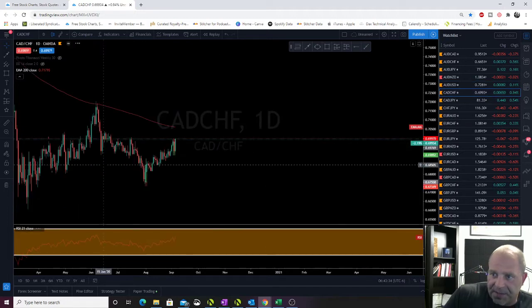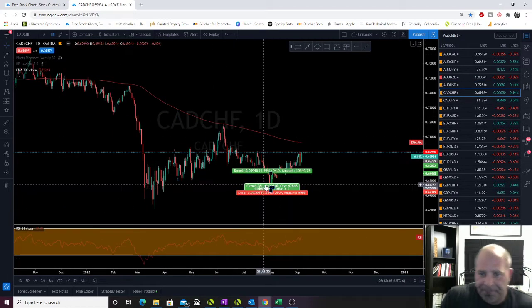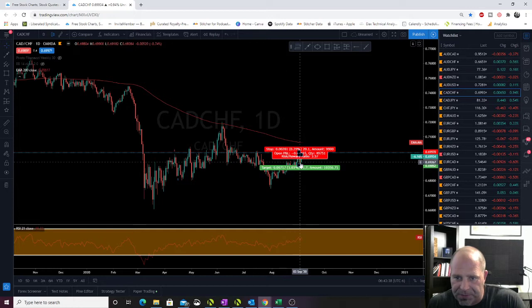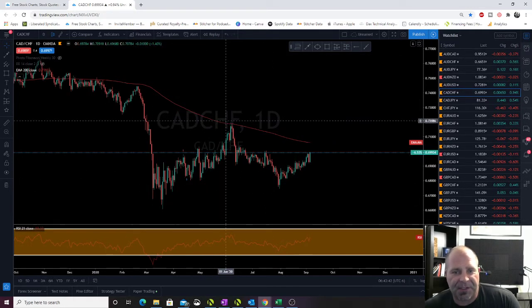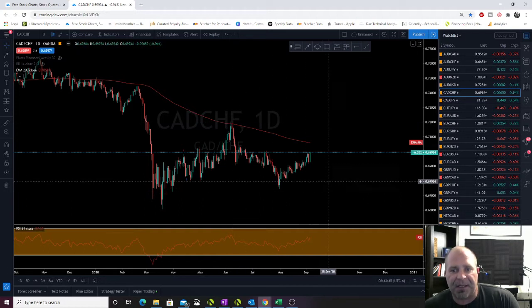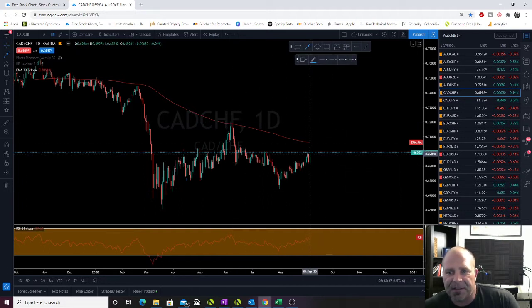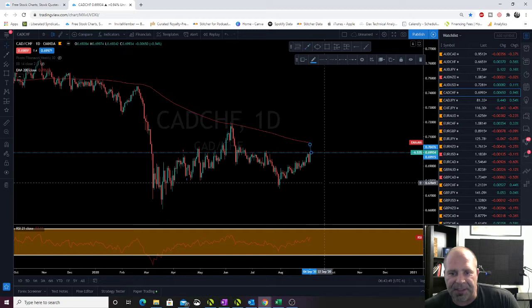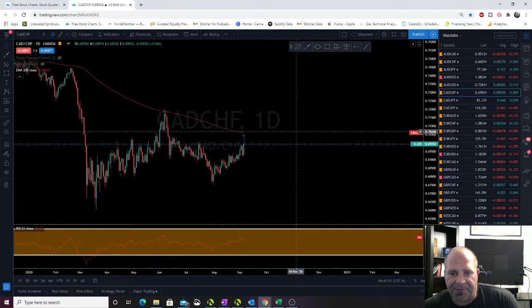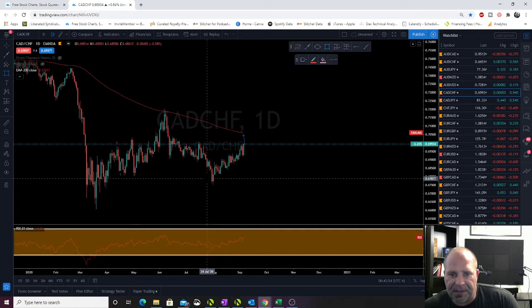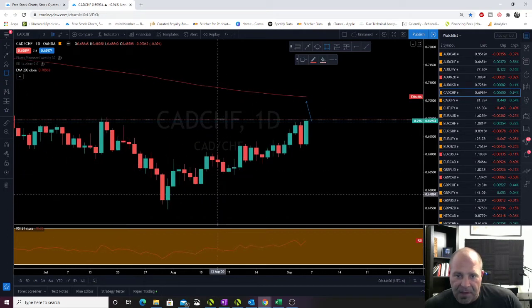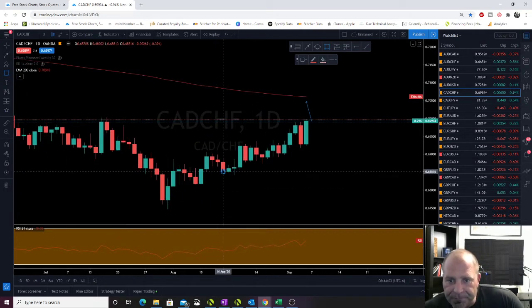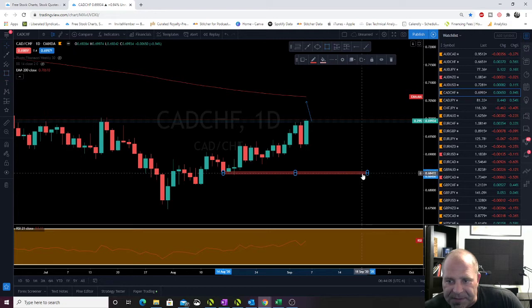Okay. CAD Swiss franc. Looks like we got some old trade setups on there. We've touched the 200 EMA. We did not break it. I would definitely expect price is probably going to touch it again. I'm not necessarily going to get crazy bullish on this pair, unless we come down and we test this area.